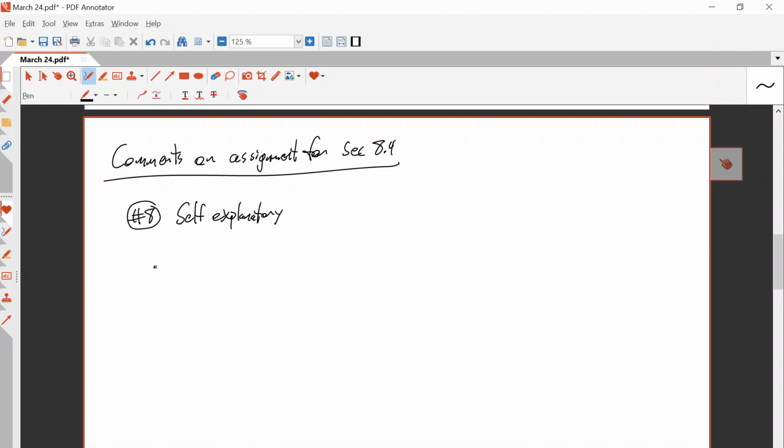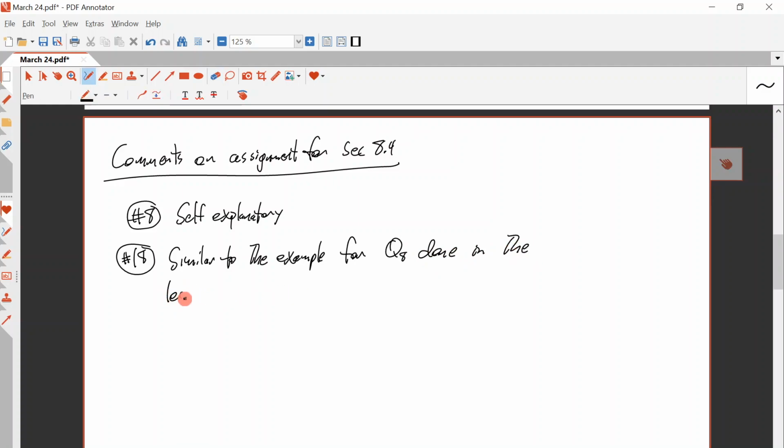Number 18. This is very similar to the example for Q8 done in the lecture for section 8.4.